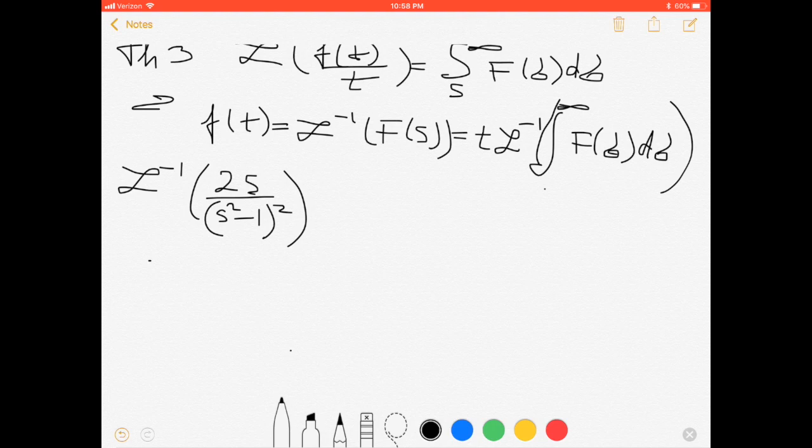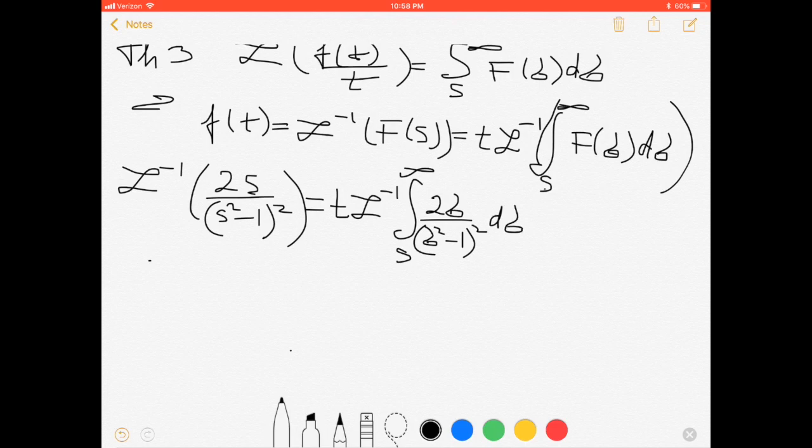It will be, using this theorem, t times the inverse Laplace transformation of the integral from s to infinity of 2 sigma over (sigma square minus 1) square d sigma.